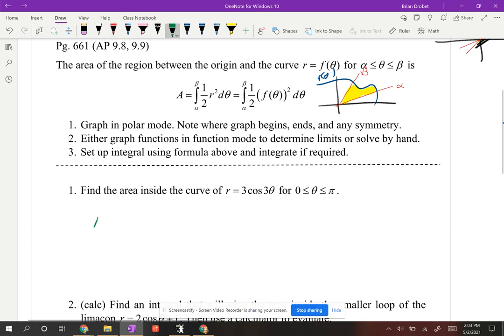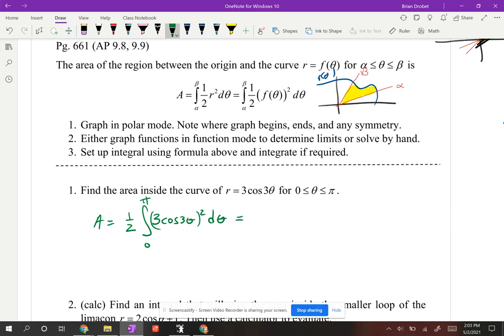So area is 1/2 integral from 0 up to pi of r squared d theta.